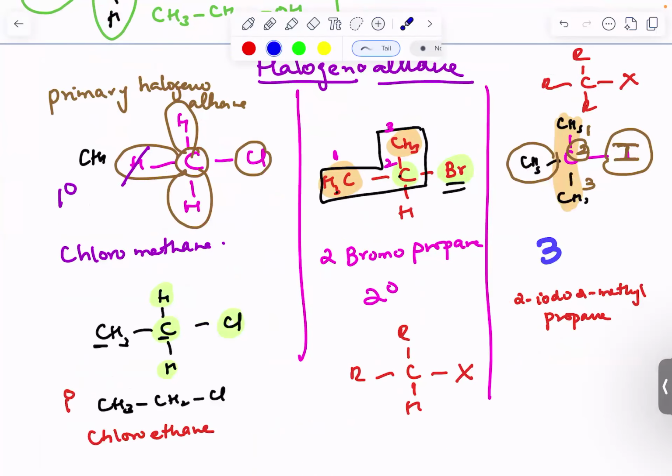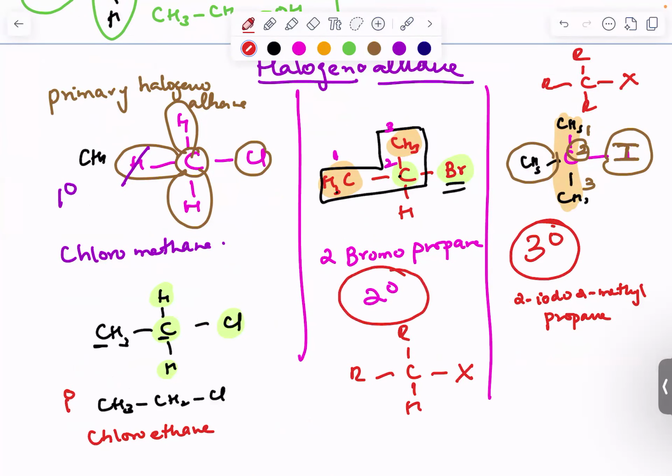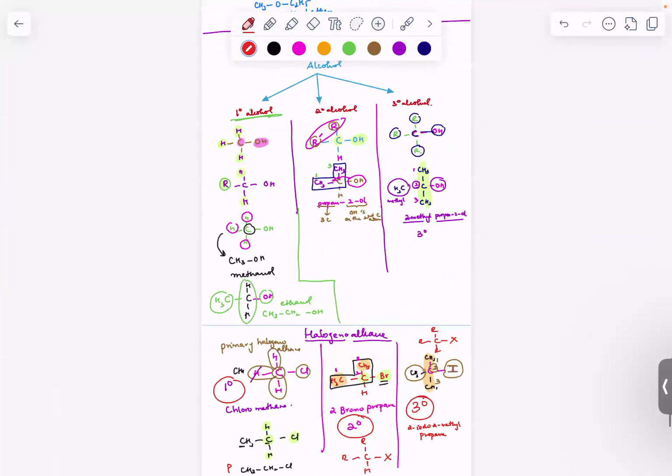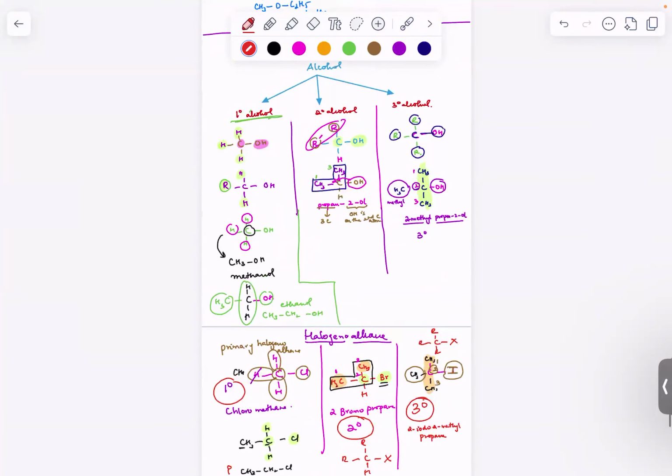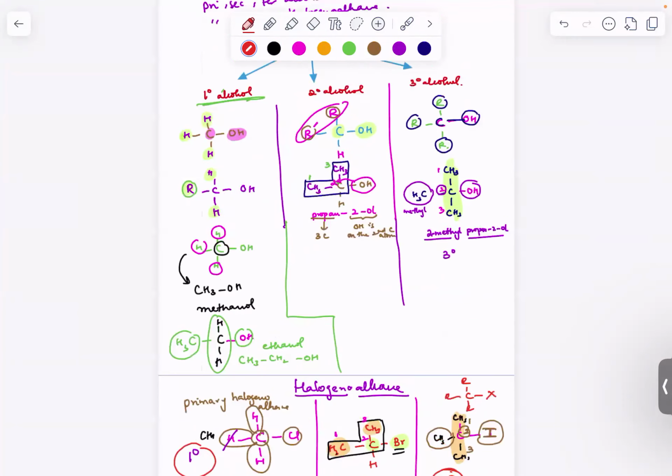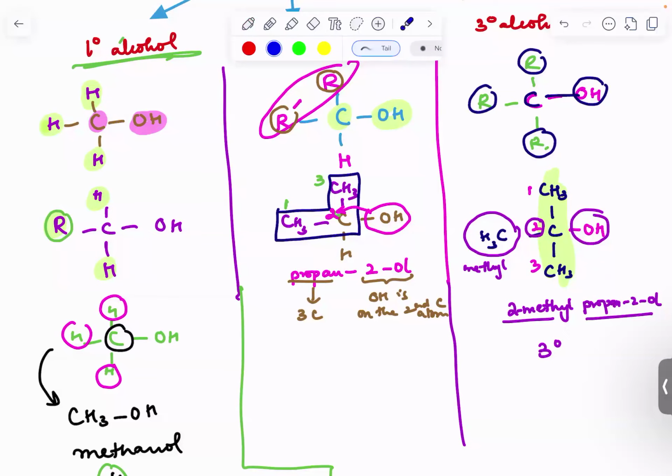So this is the tertiary halogenoalkane, secondary halogenoalkane, and primary halogenoalkane. Now, beta, we have done this for alcohol as well as for halogenoalkane. I hope that both of these, the classification and the nomenclature, are clear to you. Yeah? Any question? No. All right.